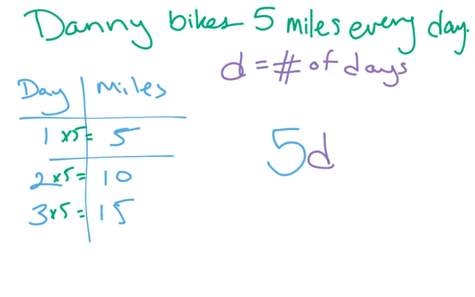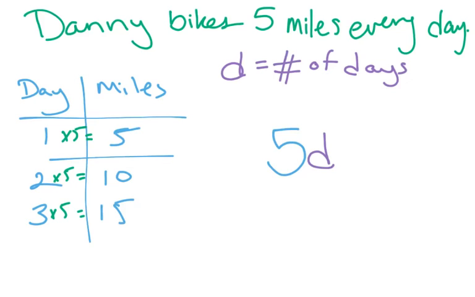You don't have to write 5 times D. You don't have to write 5 parentheses D. The math world has just agreed that if we see a numeric coefficient, a number that comes first, smushed up real close with a variable, and we can't see any plus or minus or divided by signs, that means multiply. So 5D, 5 times D, would be my algebraic expression.